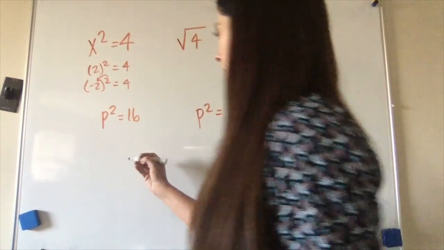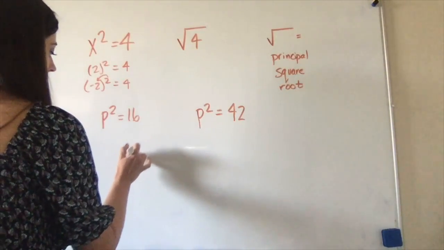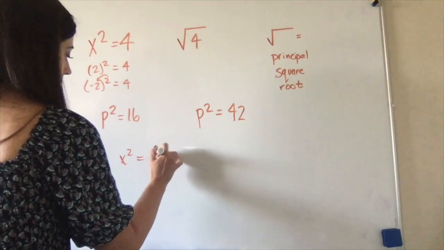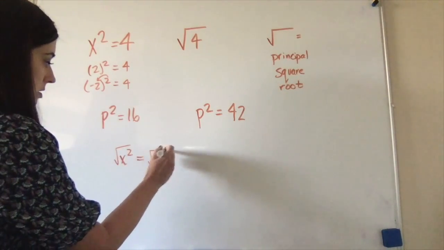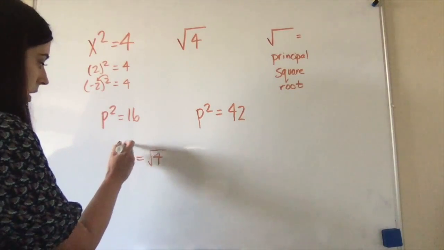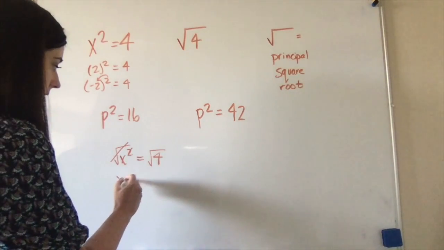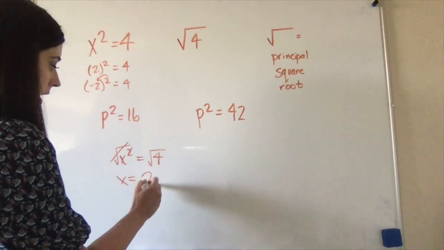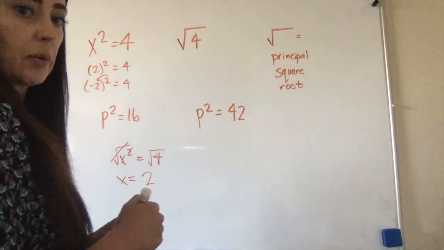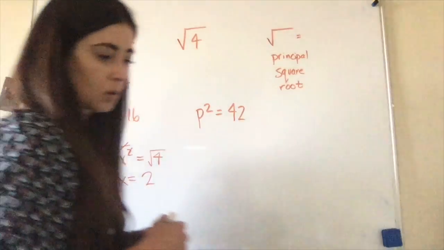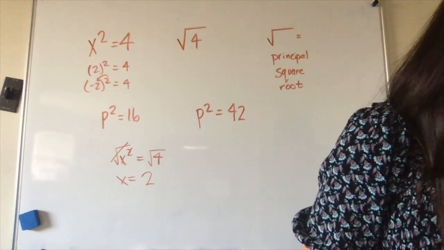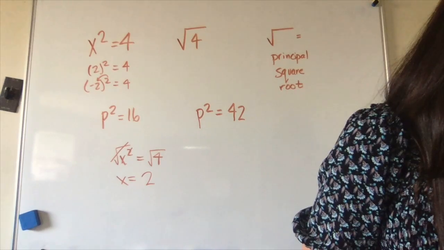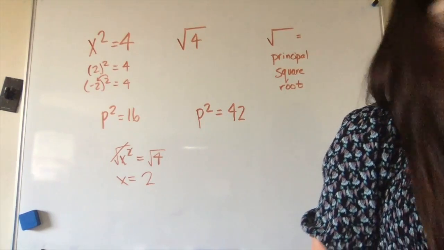I'm going to do it down here. So x squared equals 4. If we're solving for x, we're going to take the square root, the square and the square root cancel out, and we get x equals, and the square root of 4 is 2. But we also know that it could also be negative 2.